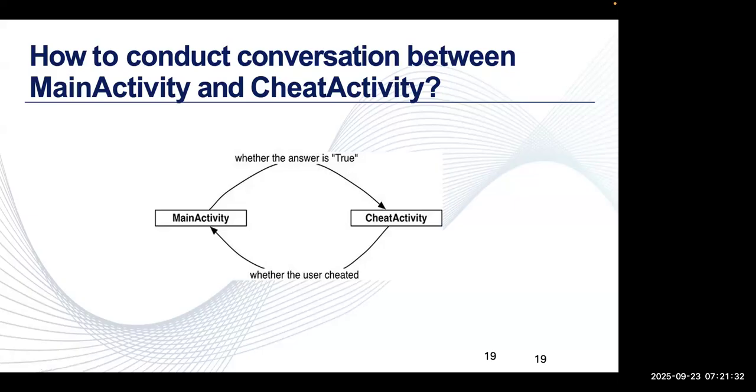If the button was clicked, then it's a true value, and it takes us to the cheat activity. Then in the cheat activity, if you click on the cheat button, it is automatically going to send a message over to the main activity once you go back, to let the main activity know that the cheat button was clicked, in this case, that the user cheated.